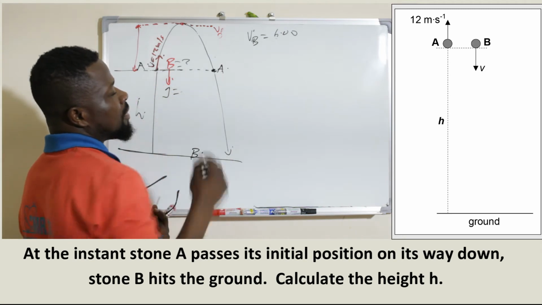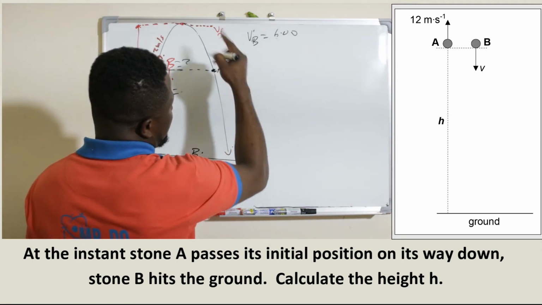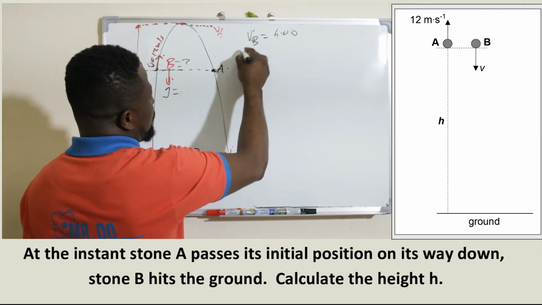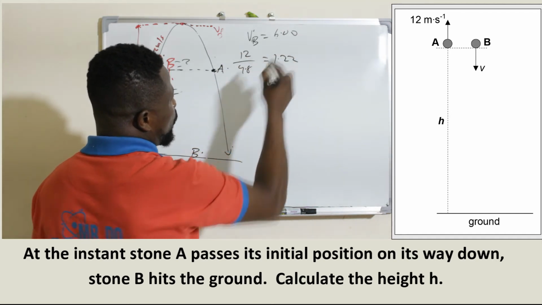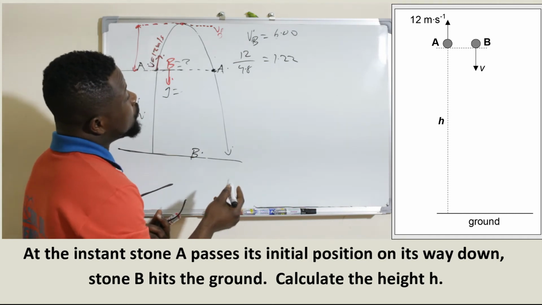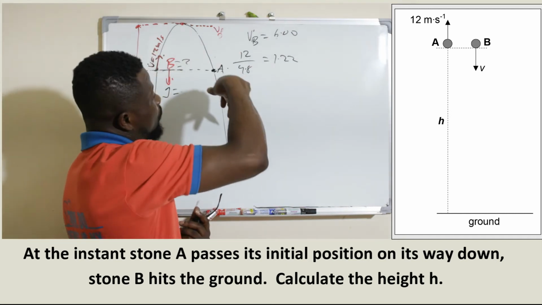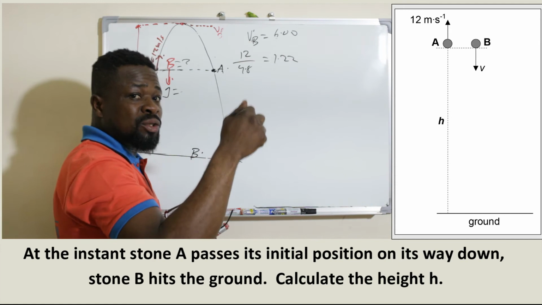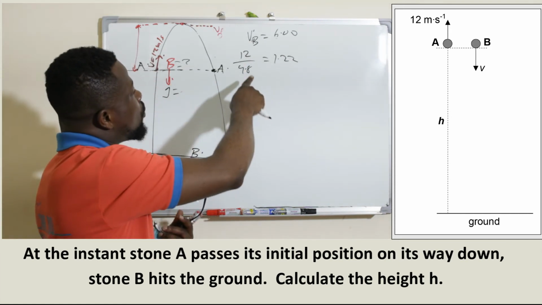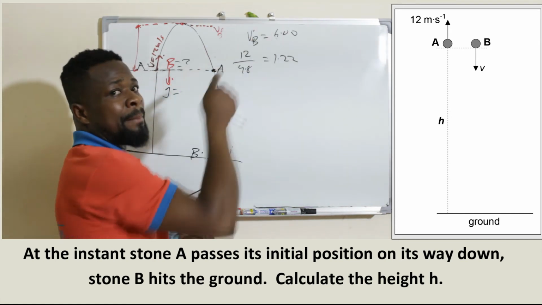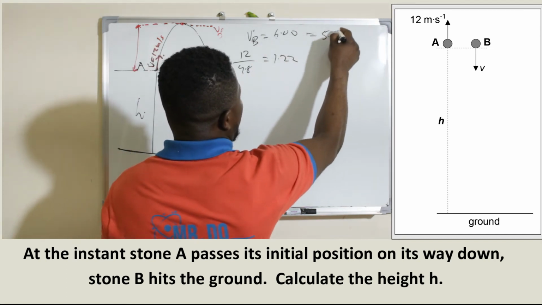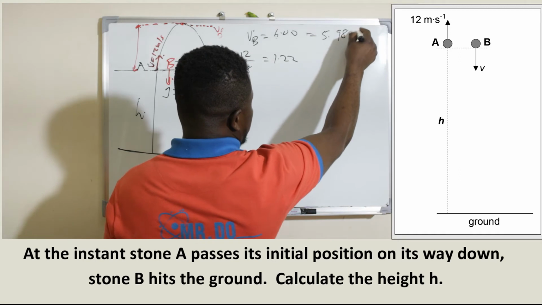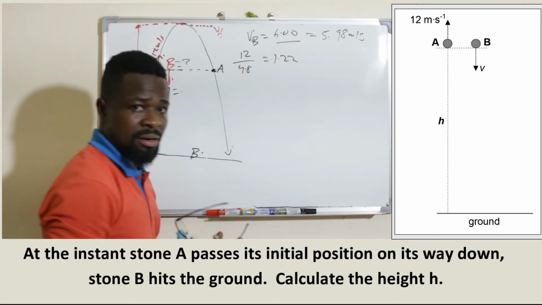Like when we did the first calculation, if you divide 12 by 9.8, you're not going to get exactly 1.22. So when we're doing the next calculation, we're supposed to substitute the actual value into that particular situation. And if you do that, you are going to get 5.98 meters per second, which is approximately this, right?